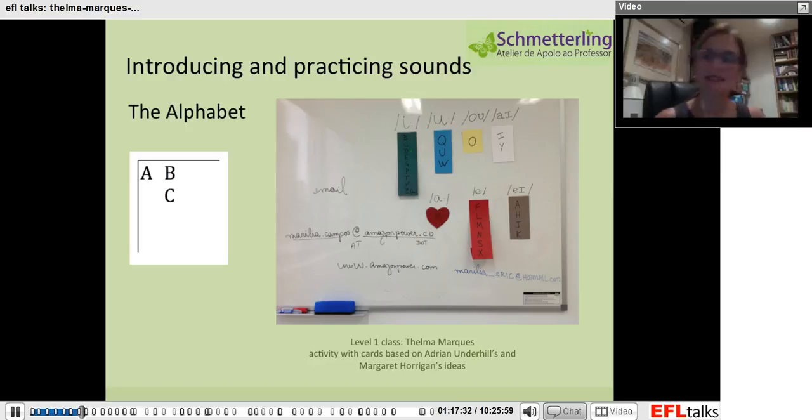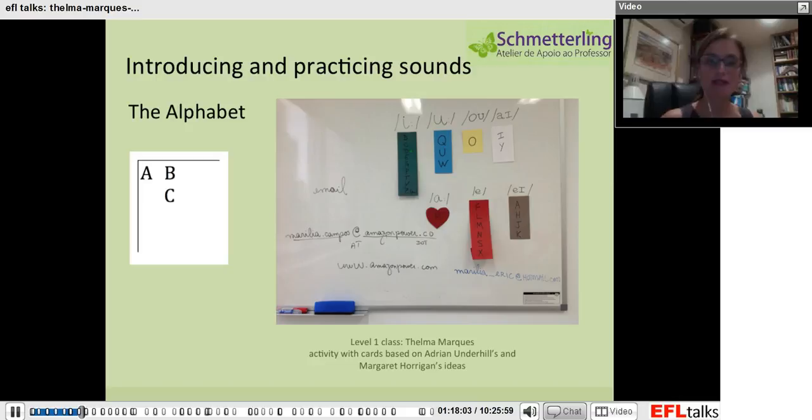One of the first activities I do with my students is one with the letters of the alphabet. Then I introduce the symbols. Here, you organize the letters of the alphabet according to the same vowel sound in each letter name. Then I relate them to colors. Take the letters B, C, G, D, E, for example.